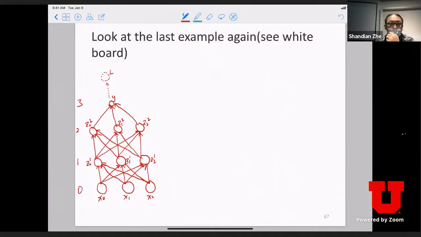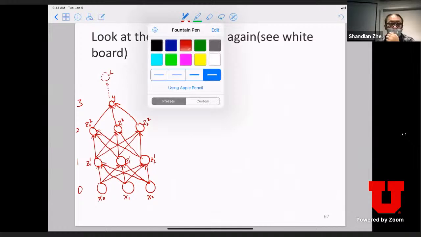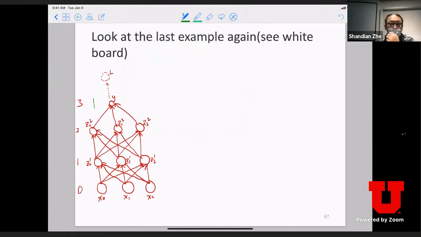Okay. So now, let us perform backpropagation. As I said, we're going to do it layer by layer. We start with the alpha layer. So step 1.